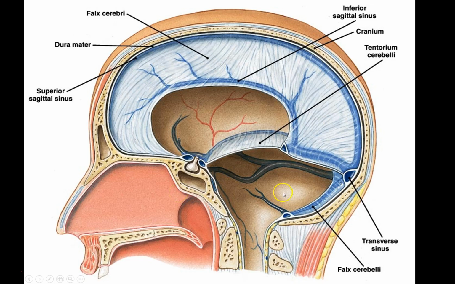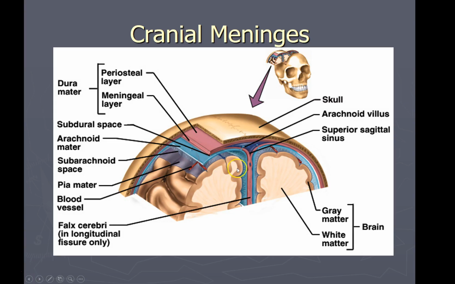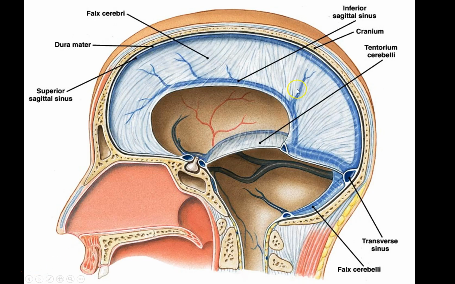Okay, so we go to this picture. This whole thing with the brain would be here. Okay, let's go back. This is cerebrum. This is cerebrum. Going down in here, we're going to have falx cerebri, which divides these two into left and right halves. Here it is.